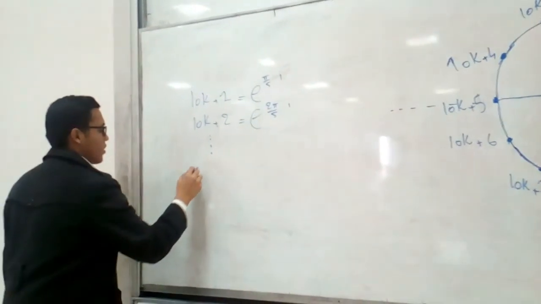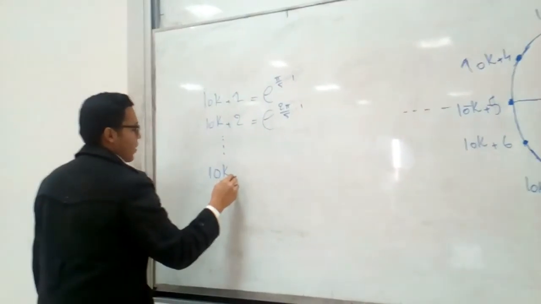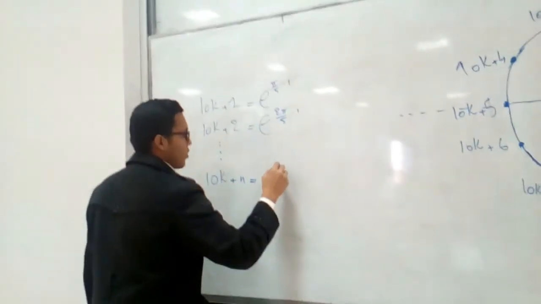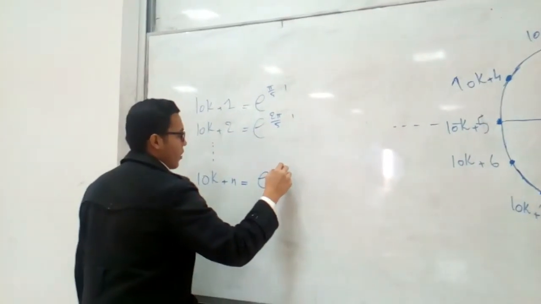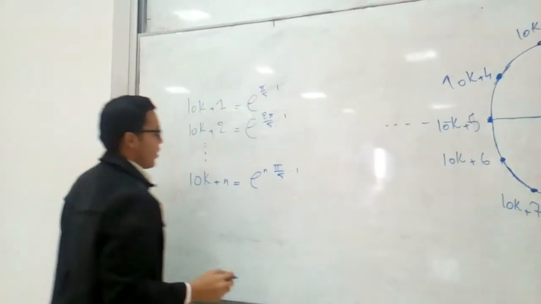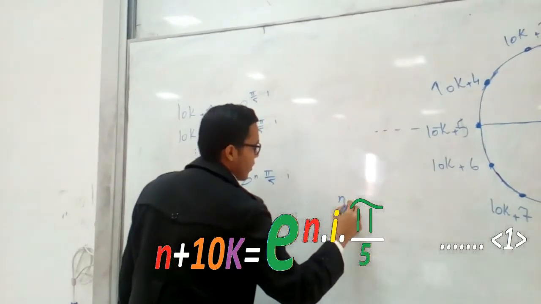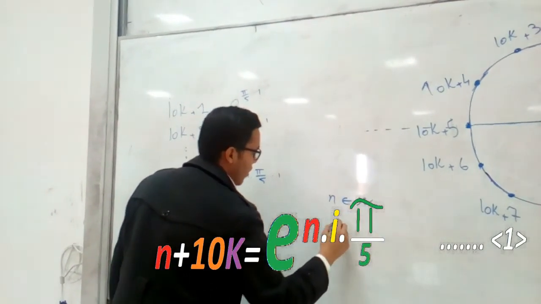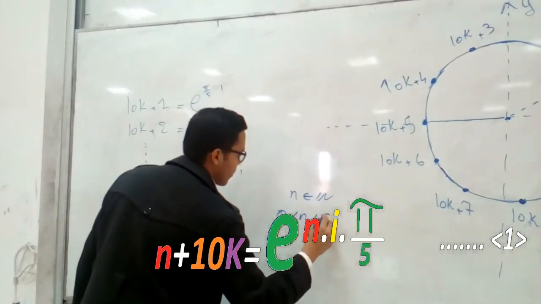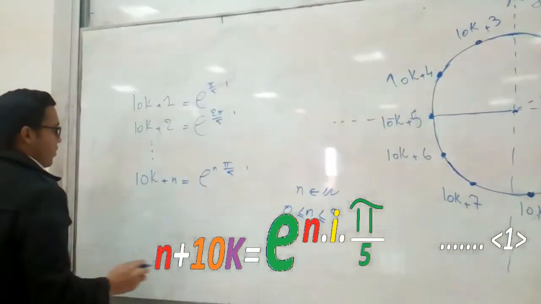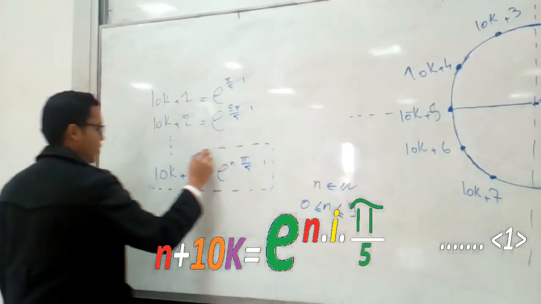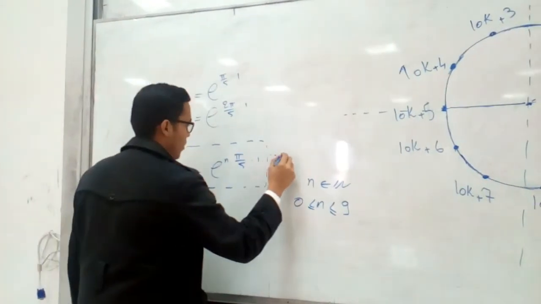We can continue doing this until we find that 10k plus n is equal to exponent of n multiplied by pi divided by 5 multiplied by i, where n is a natural number between 0 and 9. So until now we have this. And this is the first thing.